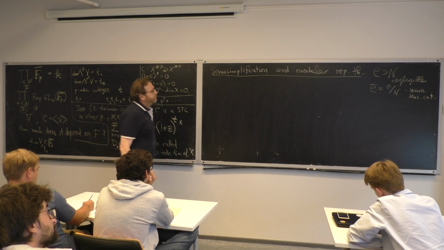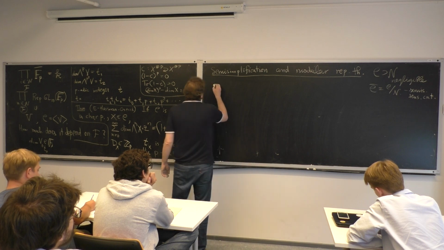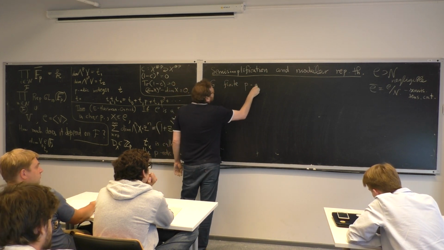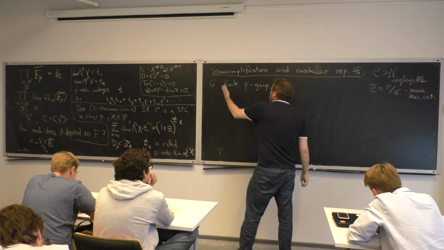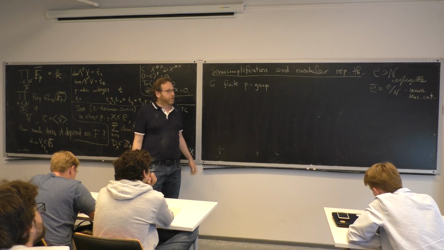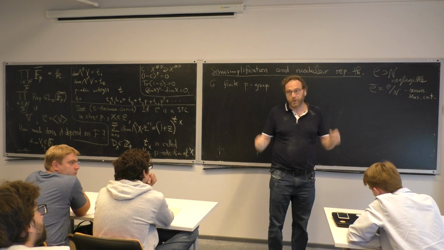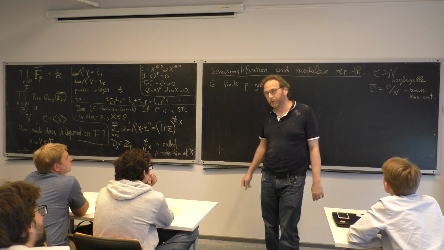So in particular, this can be applied to the following problem. Suppose G is a finite group, let's say a finite p-group. And actually, we will consider representation theory of G in characteristic p. Even if G equals Z mod 2 to the cube, it is already a hopelessly difficult problem because it's a wild problem.